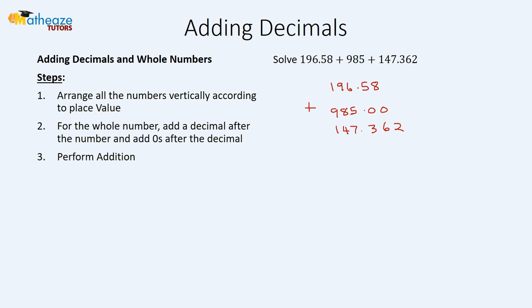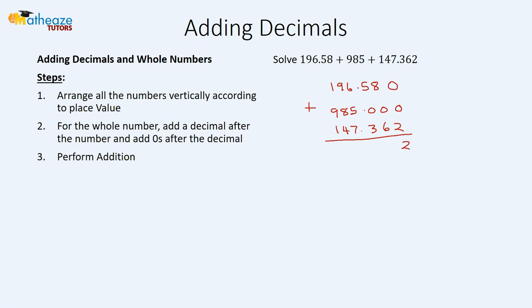So we can see here, this has three digits after the decimal place. This 985, we have 2 zeros here, and 196 has two digits after the decimal. So to make things easy, we'll just add a 0 so that we can have the same number of decimal places across all the numbers.